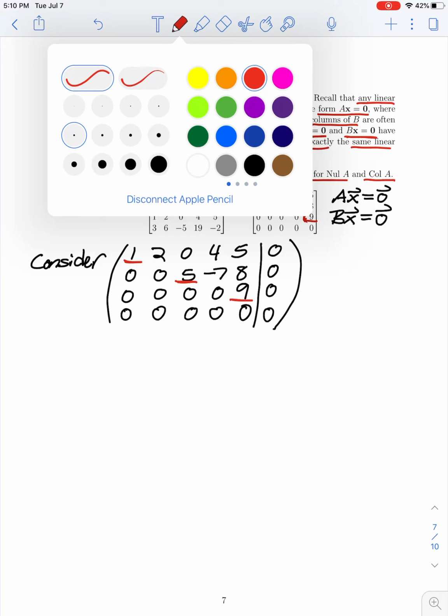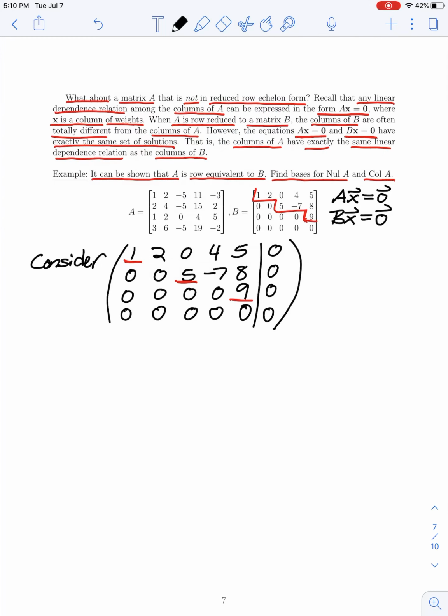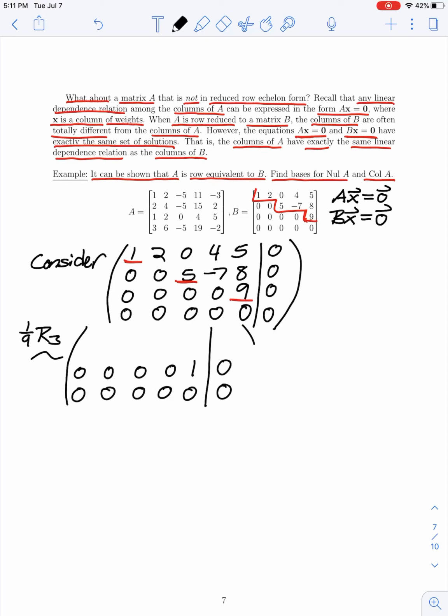So if we perform row reduction on this matrix, I could start by taking 1/9 of my third row, which makes my third row 0, 0, 0, 0, 1, 0. My fourth row consists of all zeros, so I'll leave it alone. Now, my first row already has the appropriate form, so I'm going to leave it alone.